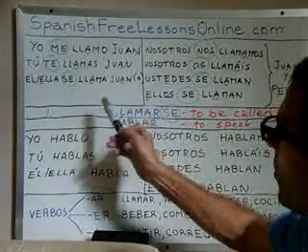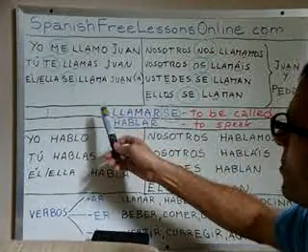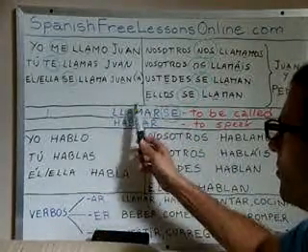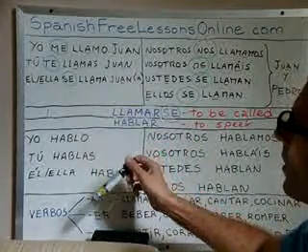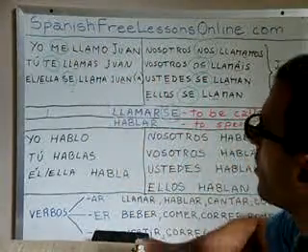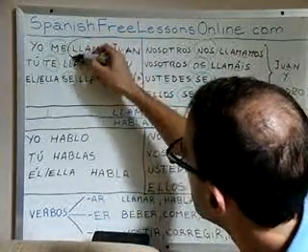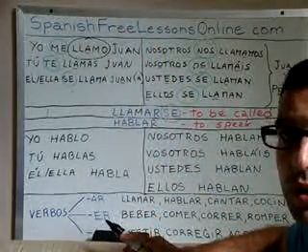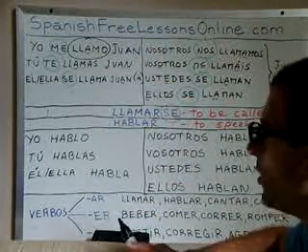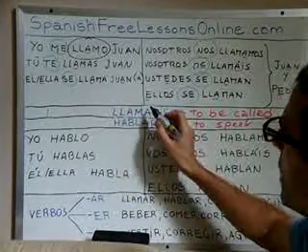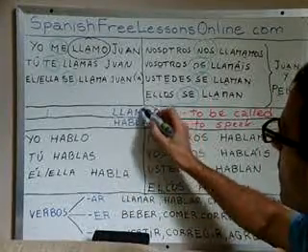So, although here we are conjugating llamarse, that is a reflexive verb, the way we conjugate the verb itself is the typical way we conjugate all the regular verbs that finish in ar, right?